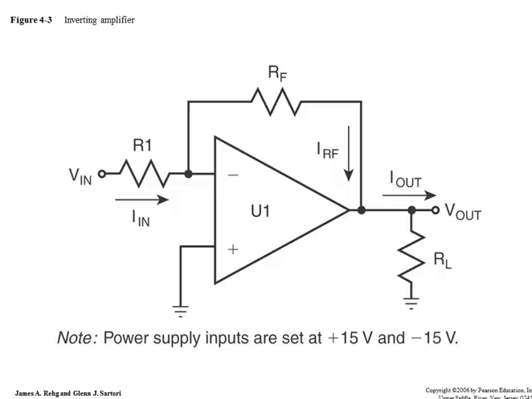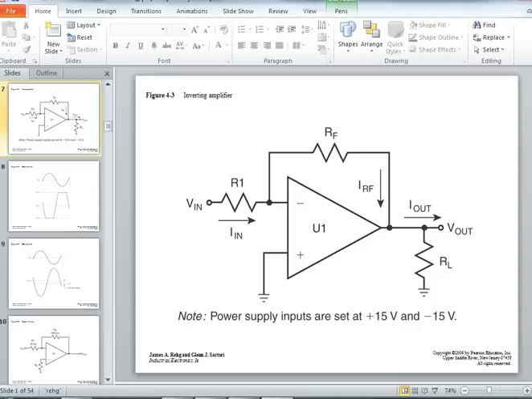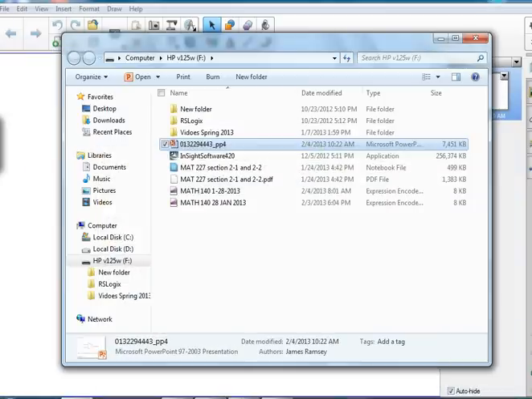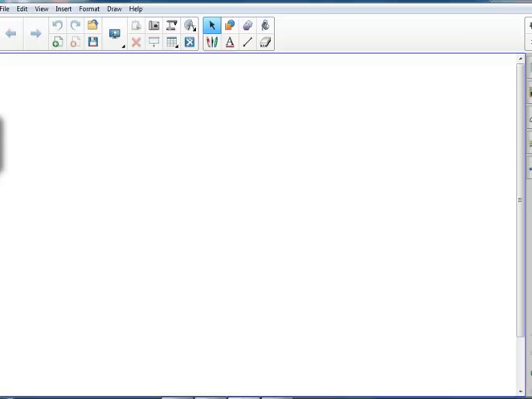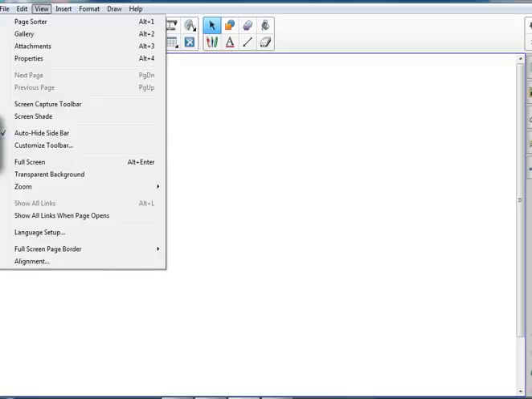Now, what happens is, let's see if I can, why is it, I wonder, that I don't have a copy and paste guy associated with this thing? View.